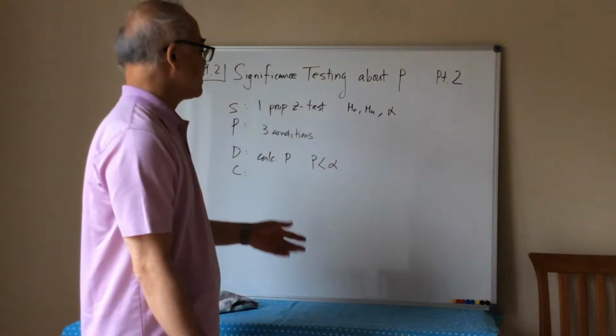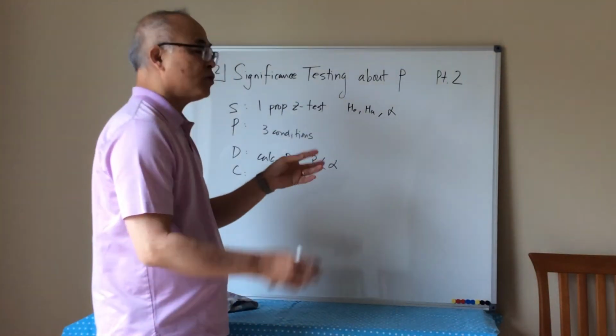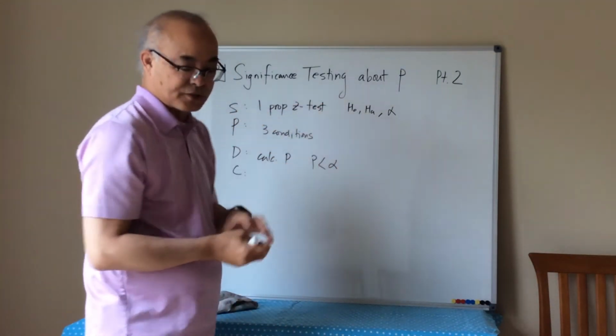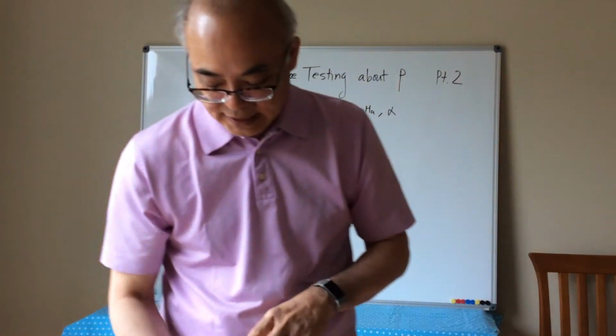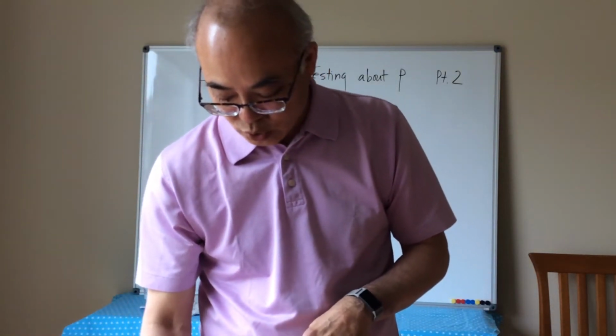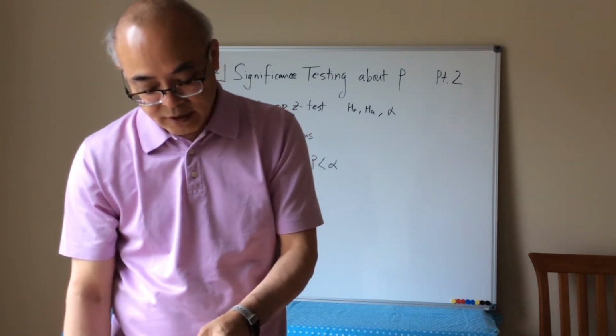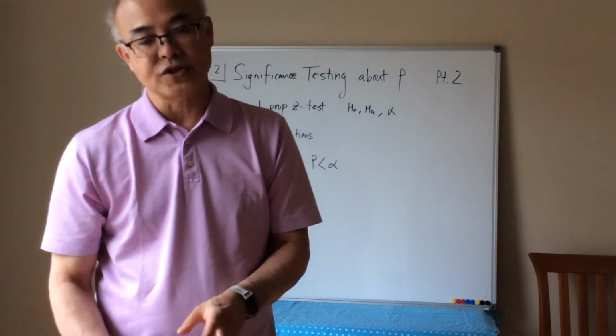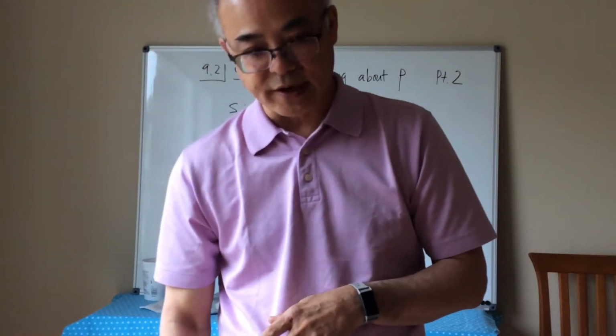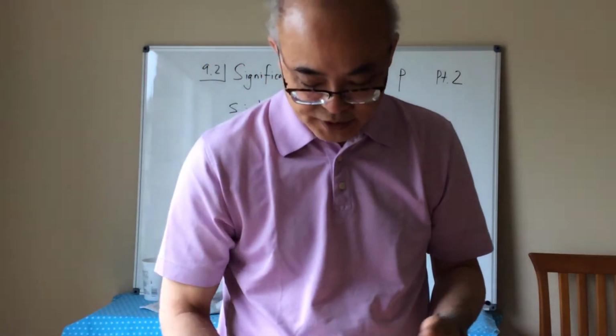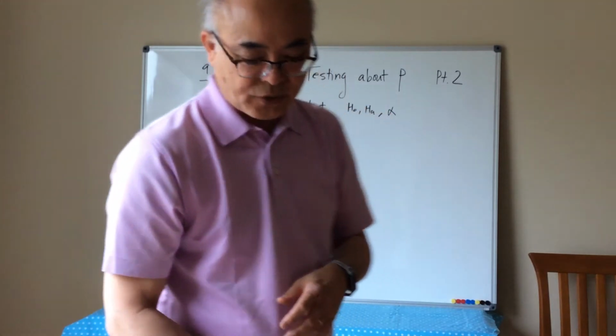When it's not equal to p naught, you can be on either side. It's a two-sided test, whereas the other two are one-sided. The one on the left and the one in the middle are one-sided, versus the one on the very right, which is two-sided. We'll talk about how that works later. Let's see if we can do an example.